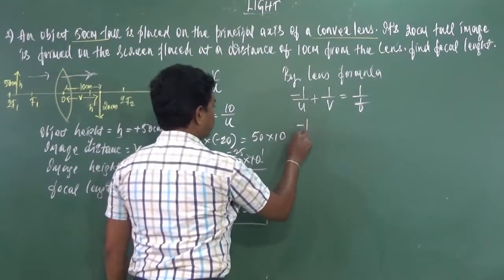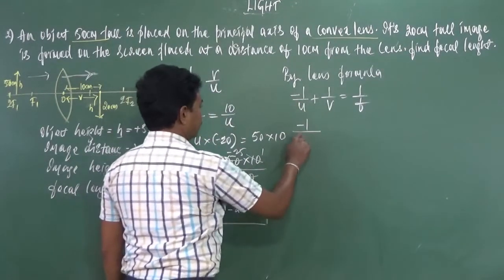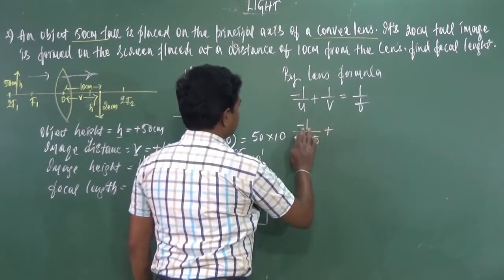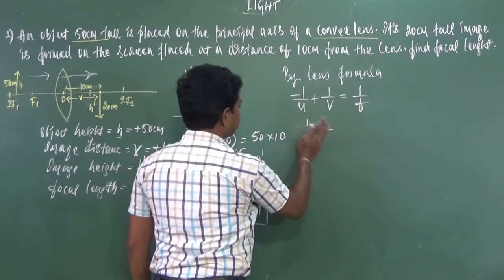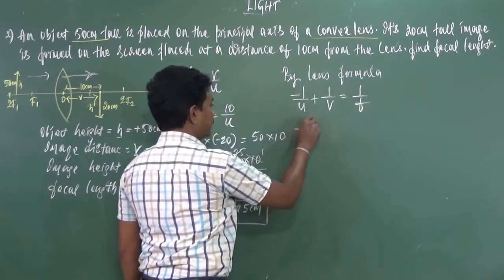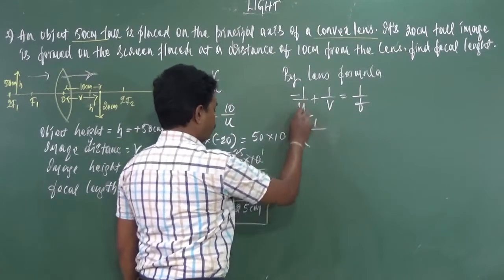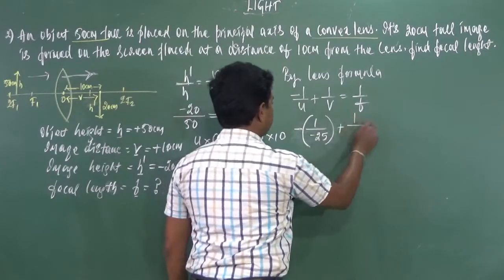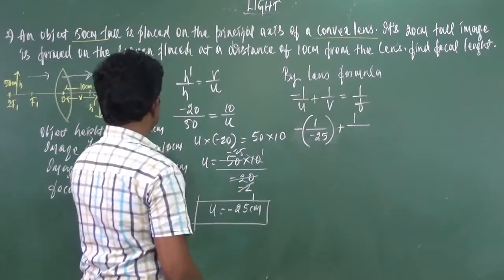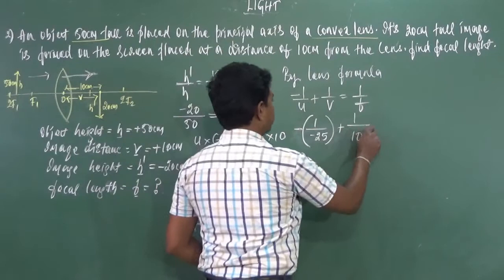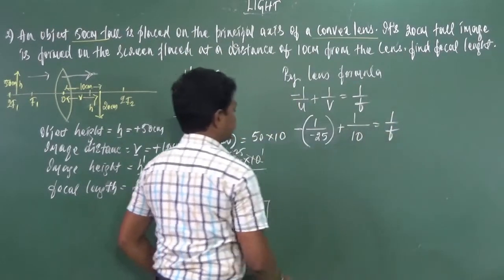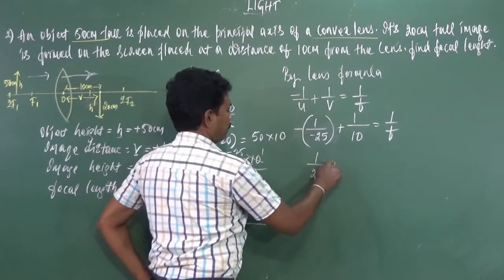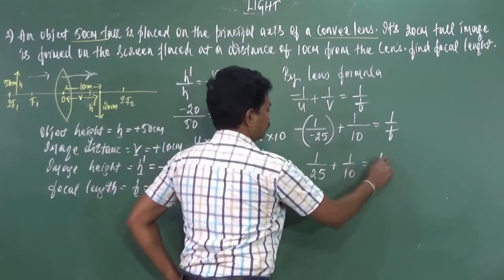Minus 1 by u, where u is minus 25, or else you can keep this minus outside and open a bracket, by u value minus 25, plus 1 by v, where v is 10 centimeters, is equal to 1 by f. Very simple, minus into minus is plus: 1 by 25 plus 1 by 10 is equal to 1 by f.